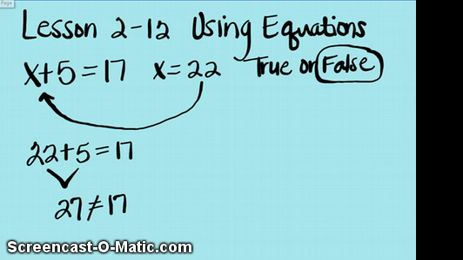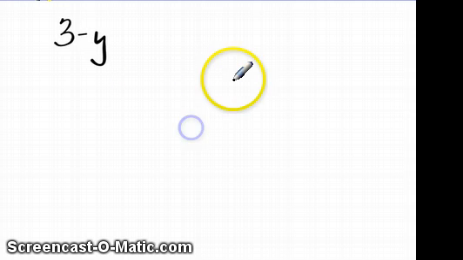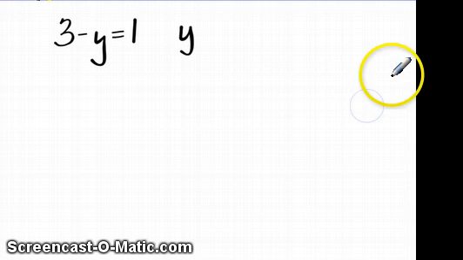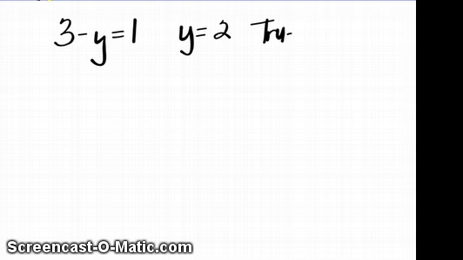Okay, let's work another problem. Let's say, for instance, I have 3 minus y, and that's going to equal 1. And they're telling me that y equals 2. We have to decide if that statement is true or if it's false.